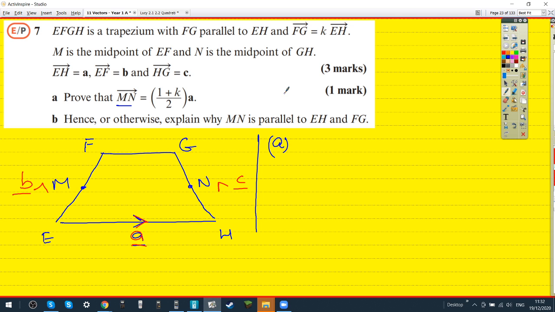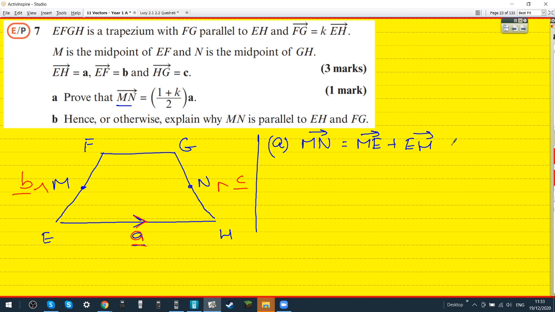Let's just work out this thing. MN, so let's say ME, and then MN equals ME plus EH, plus HN.